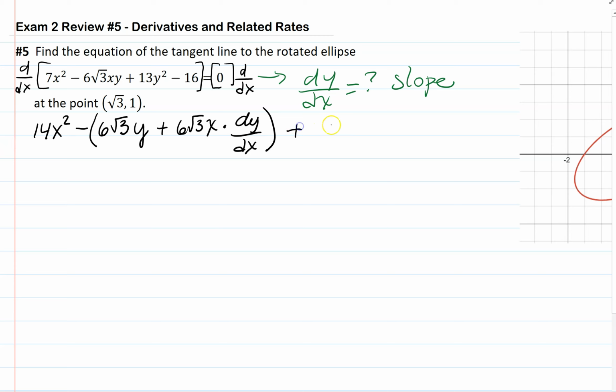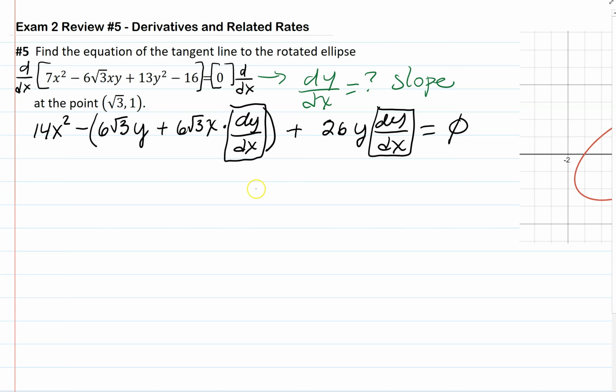Plus 26y dy/dx. And the derivative of 16 is 0, so we don't need to write that, and that is equal to 0. So to solve for dy/dx, we'll have to keep everything with that on one side, everything else on the other.